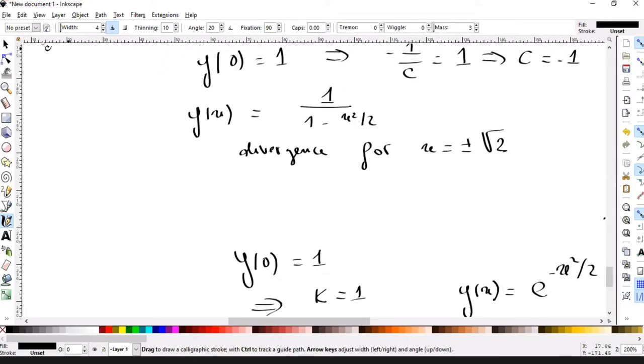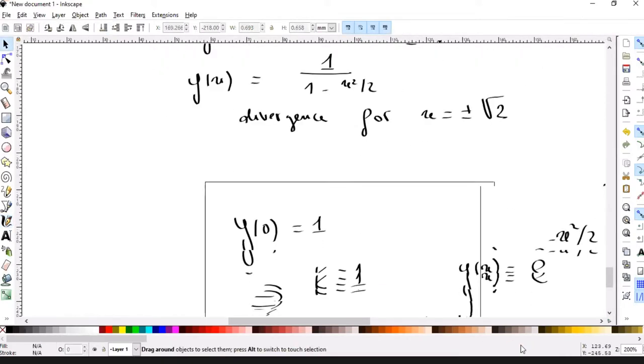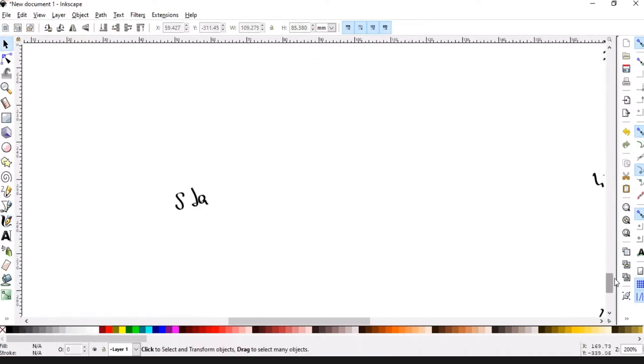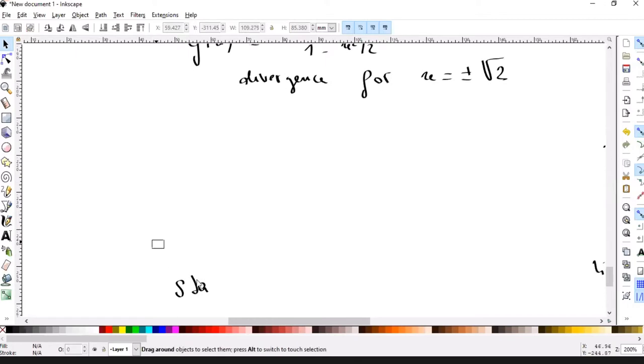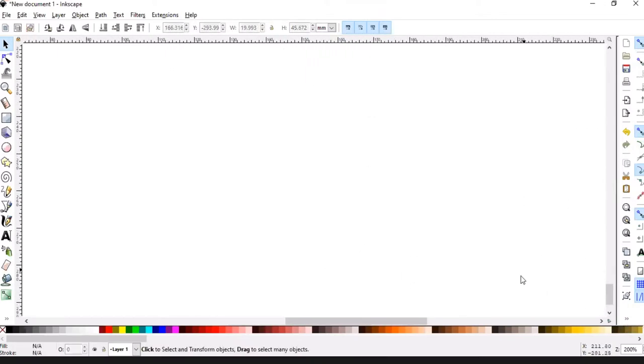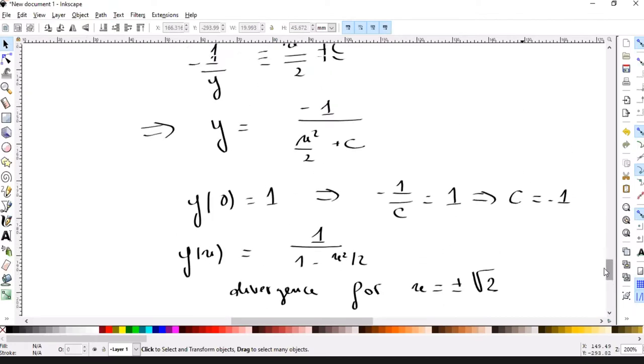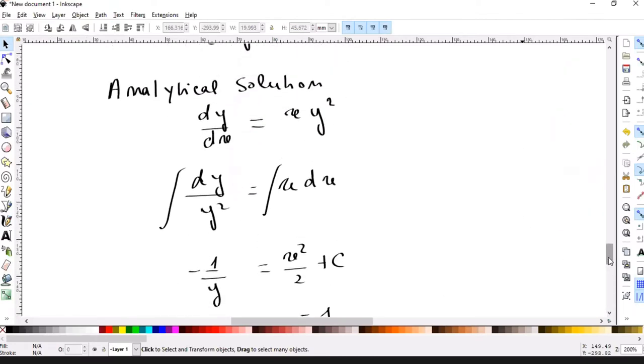So this is a problem where we already have some difficulty numerically, because you have a solution that diverges like this. This will already cause some problems.